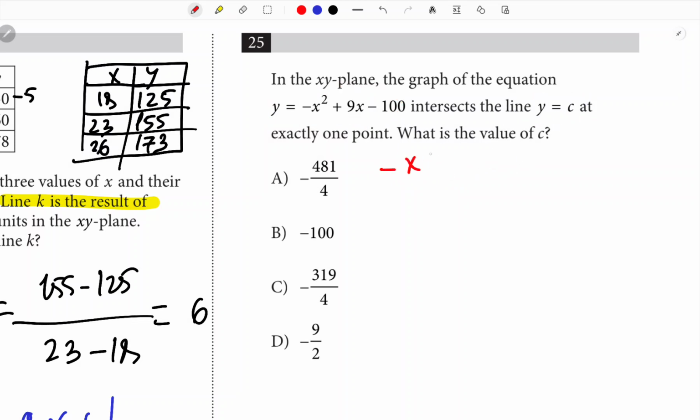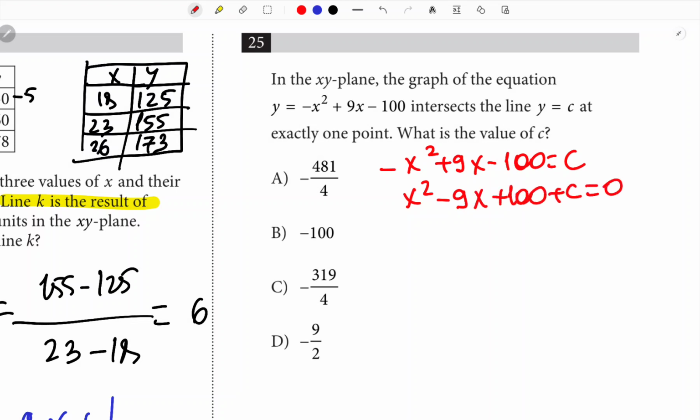So negative x squared plus 9x negative 100 is equal to c. C is any constant, that's why I write x squared negative 9x plus 100 plus c.